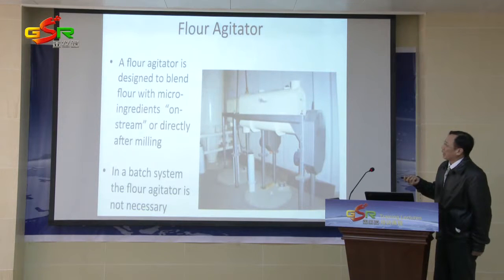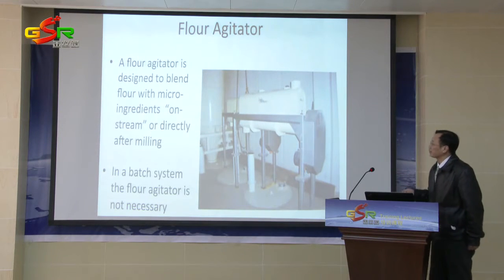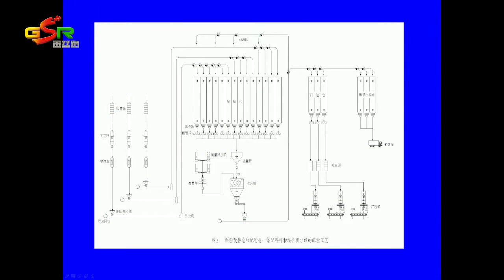And sometimes we also use the agitator to mix the flour with the micro ingredients on stream and directly after milling. And this is the processing for wheat flour blending after milling.